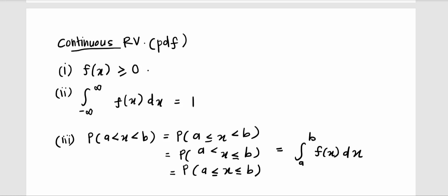These are the three properties of the PDF of continuous random variables.